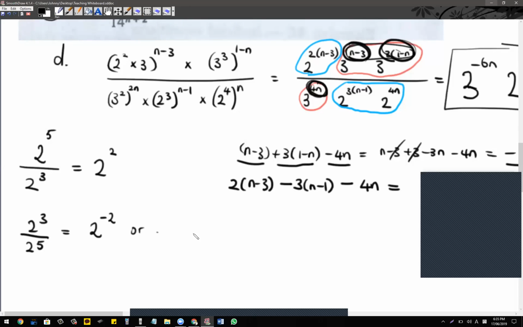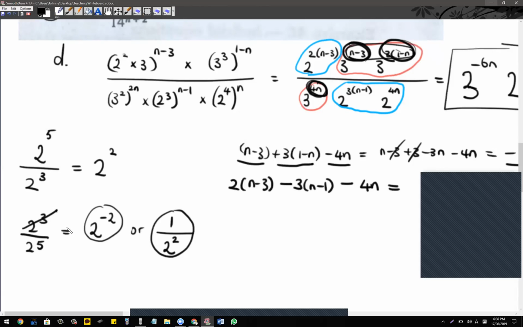Or you can just keep the fraction. Instead of doing 3 minus 5, you can do 5 minus 3, because 5 minus 3 is positive. And you can have the fraction, so this one disappears, and you have 2. So you need to know that this one is actually the same as this one. 2 to the power of negative 2 is the same as 1 on 2 squared.